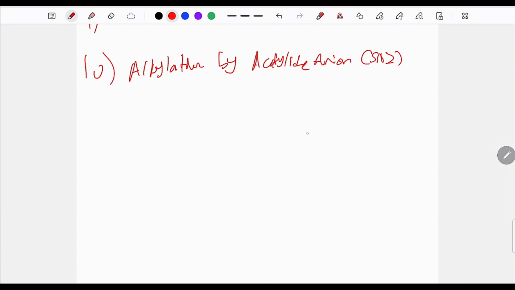So watch. I'm going to draw hydrogen, hydrogen, hydrogen, and bromine, and I have my acetylide anion. This is a primary alkyl halide.